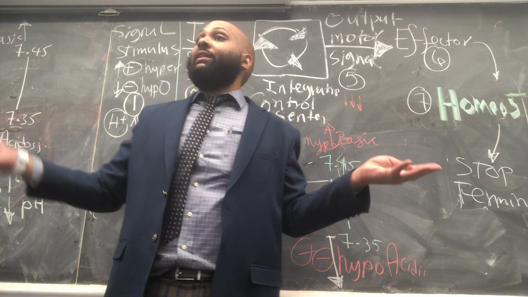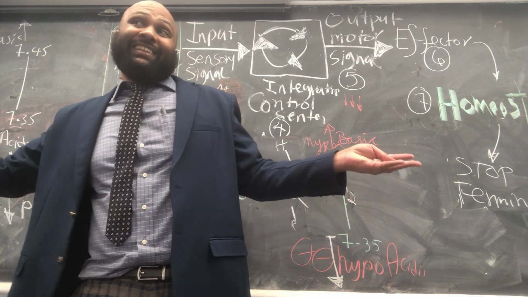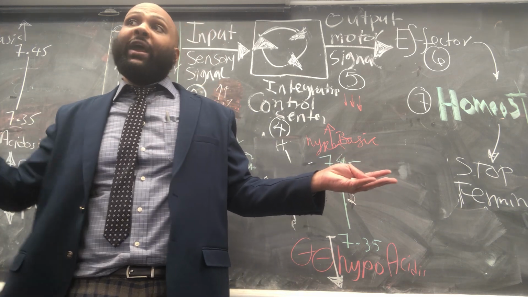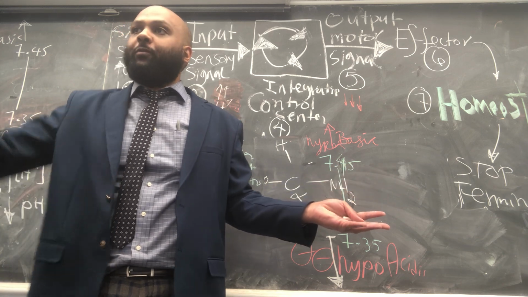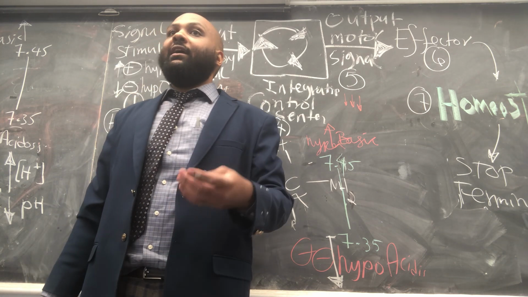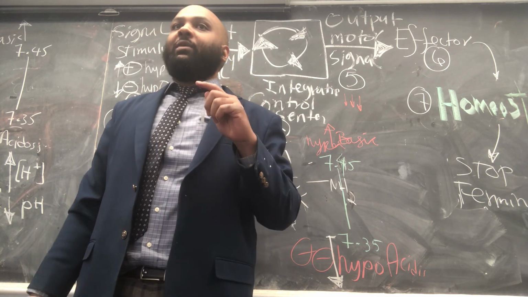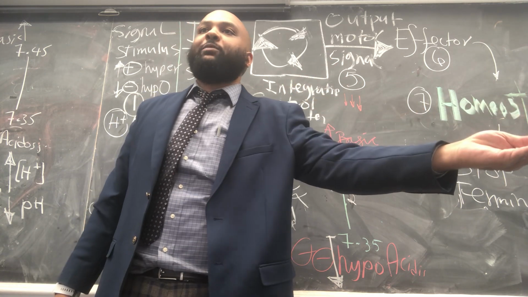The amino acids, when there is so much hydrogen proton in the blood, with one terminal they take it. The OH will say, give me H, I'll take H's from you, I'll help you out. And if there is little H plus, the other side, NH3, will say, I can give you some H plus if you need.